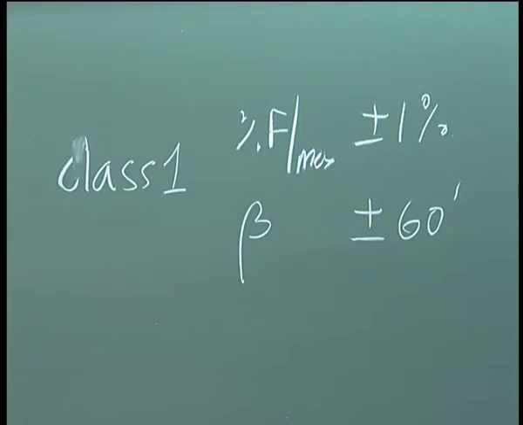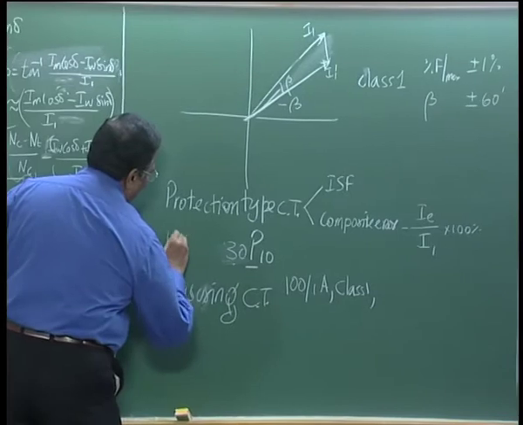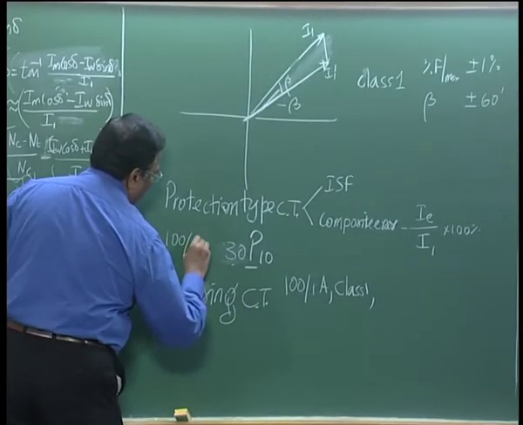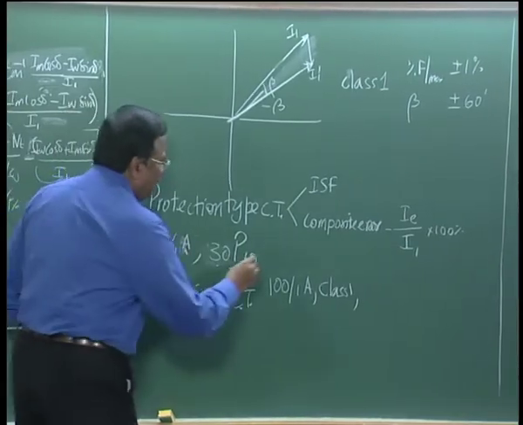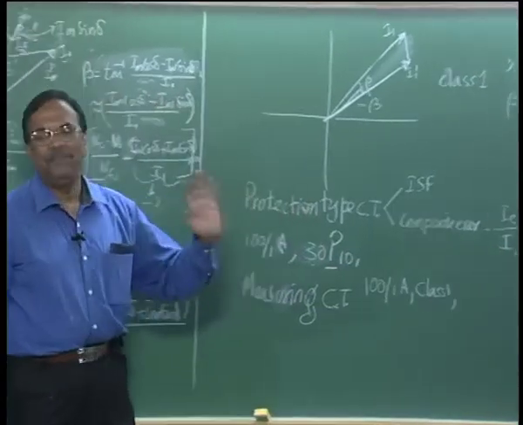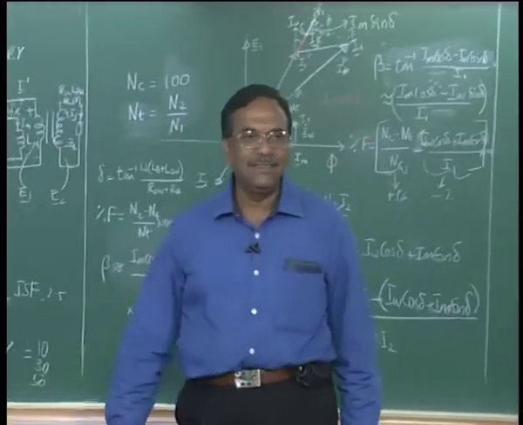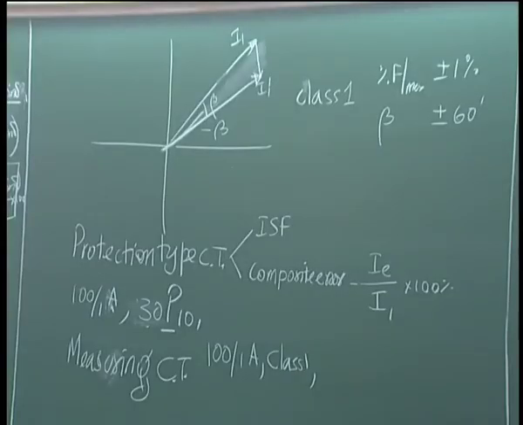And here in a protection type transformer, I have 100 by 1 ampere, comma 30 P10, but that does not complete the whole specifications, right. What is missing?